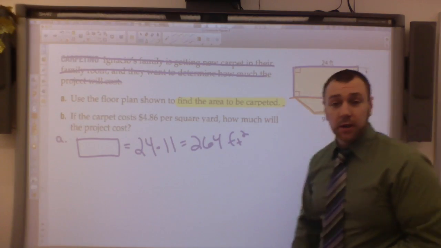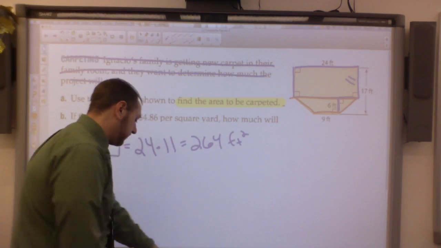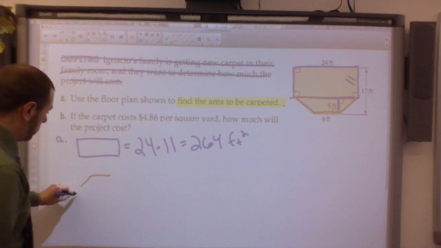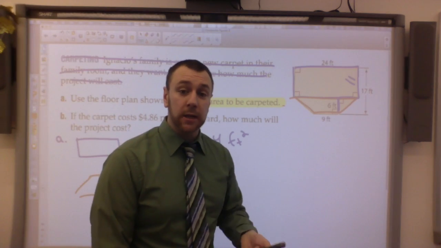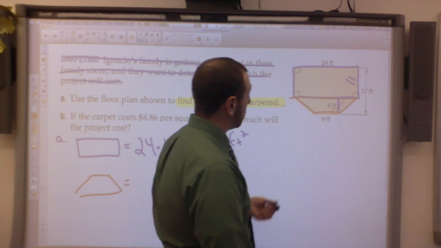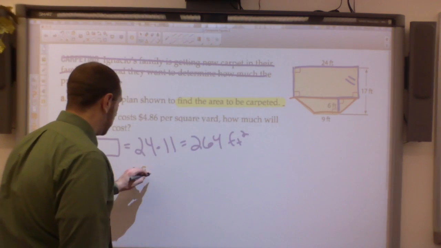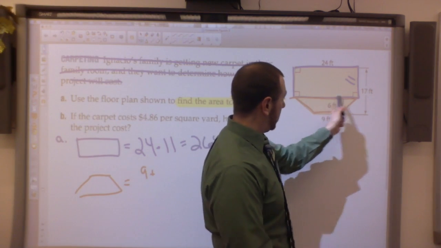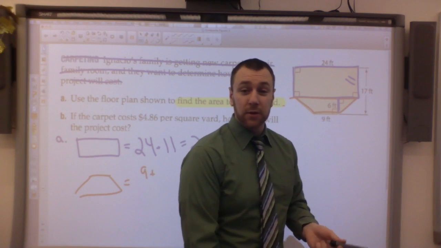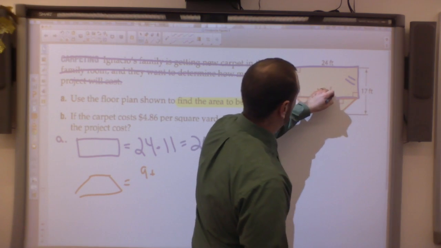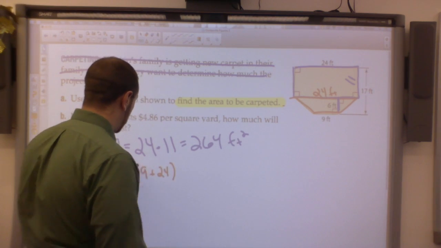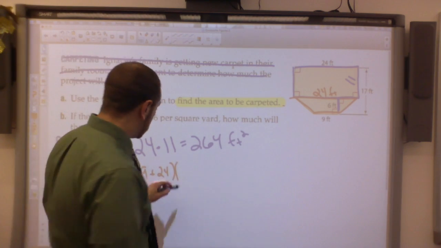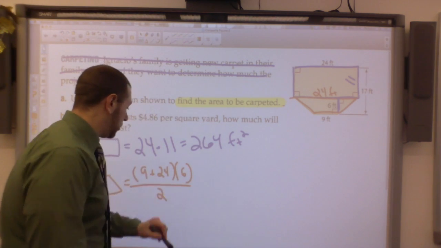Now I'm going to break down the trapezoid. The trapezoid, again, is base 1 plus base 2 times the height divided by 2. So my base 1 is 9. My base 2 would be this long side. But because I know it's a rectangle, I know this is 24 feet also. Plus 24 times my height, which is 6, divided by 2.